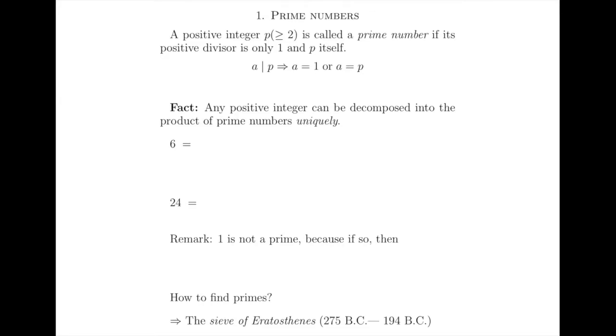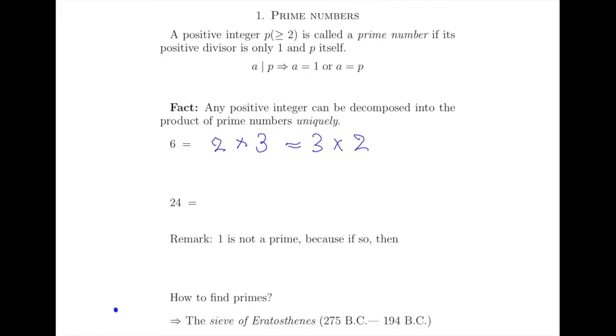The most important fact is that any positive integer can be decomposed into the product of prime numbers uniquely. For example, 6 can be written as 2 times 3, but it's also equal to 3 times 2.